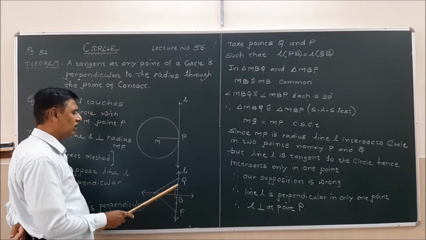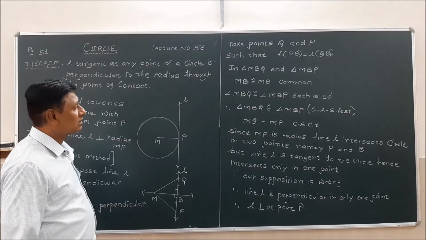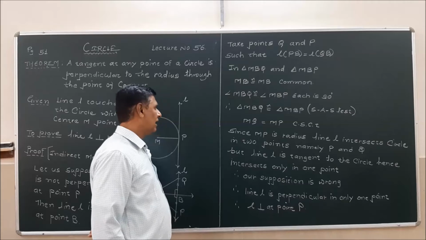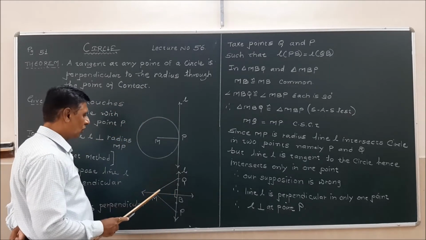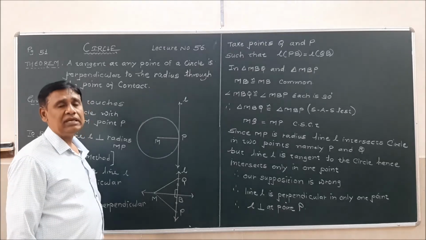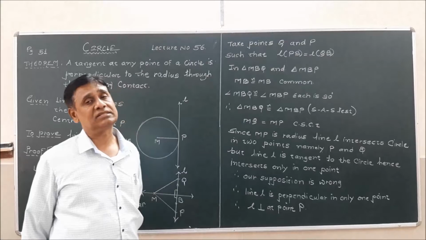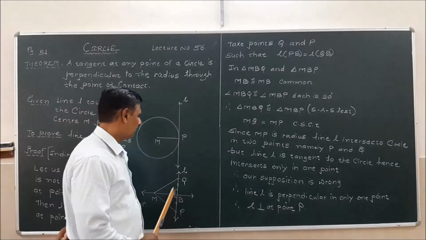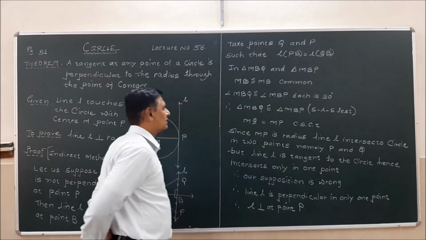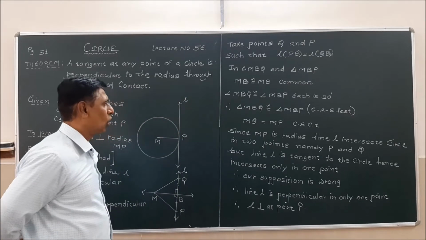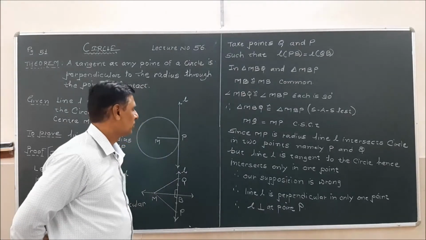By construction, each one of them is 90. Therefore, triangle NBQ and triangle NBP are congruent by SAS test. That is what I have written over here.